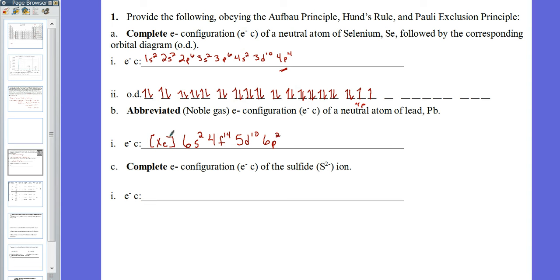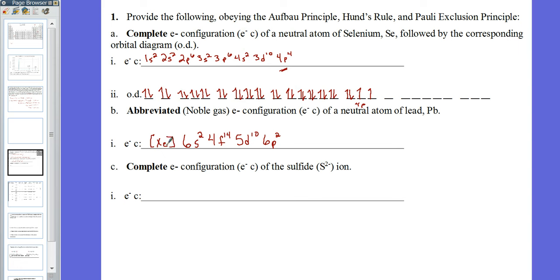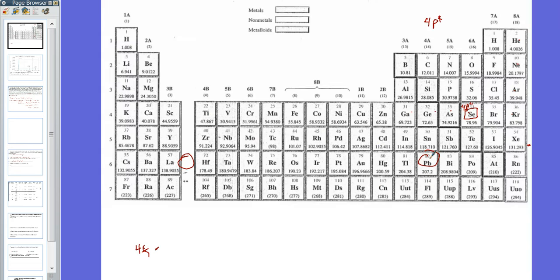So you can add up the electrons just to make sure. Xenon, when you look at it on your periodic table, is number 54, so that's 54 electrons that you have. 54, 56, 70, 82. So the 82 electrons should be what lead has, and it is. It's 82. So just make sure all of your electrons are accounted for based on what you were asked to provide.